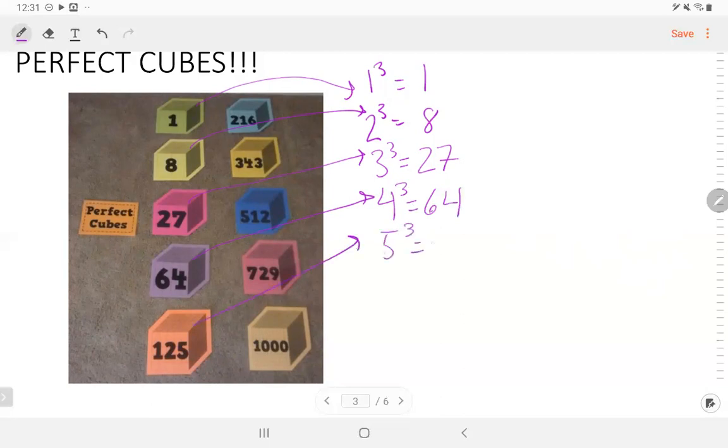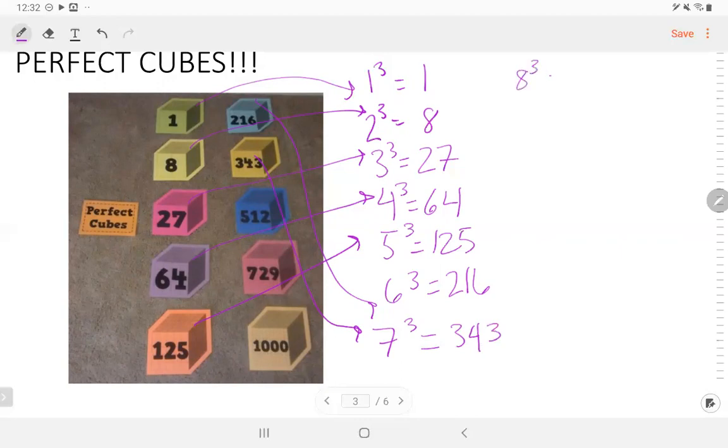5 cubed is 125. And then it goes up here, so 6 cubed, 6 times 6 times 6 would be 216. 7 cubed would be 7 times 7 times 7, 343. I'm going to stop doing arrows now.